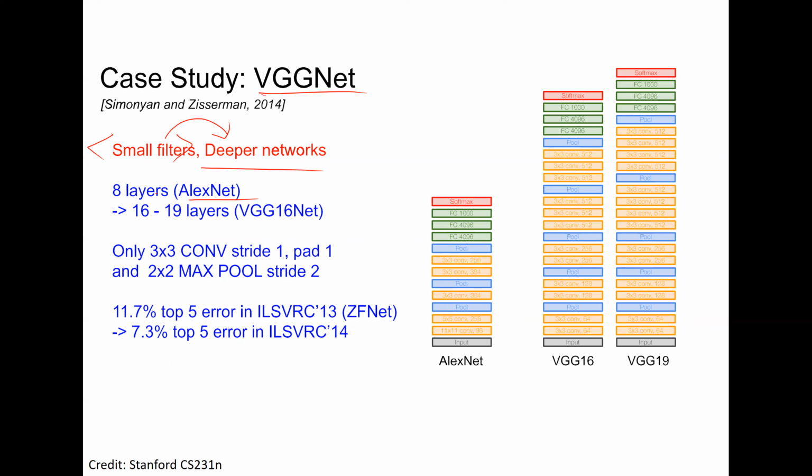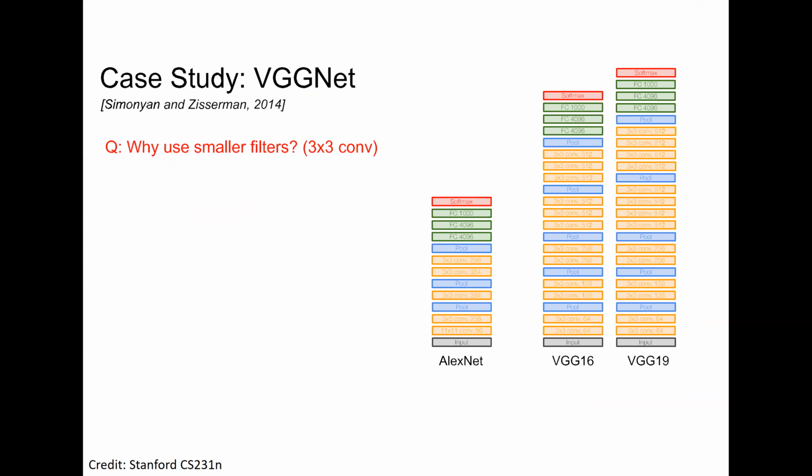AlexNet could have only 8 layers. However, by applying small filter size, they could stack 16 to 19 layers. And the performance improved as well. And this is the architecture of VGG16 and VGG19. VGG16 contains 16 layers, and this one 19 layers.